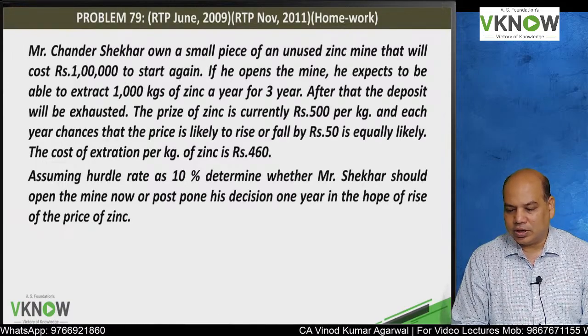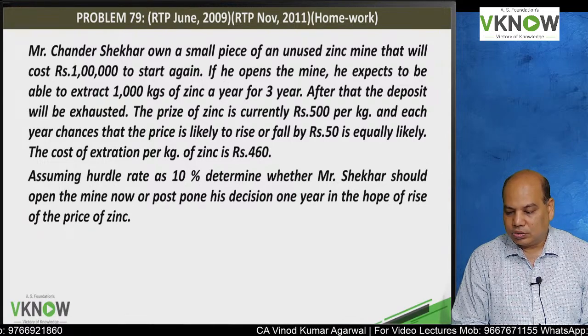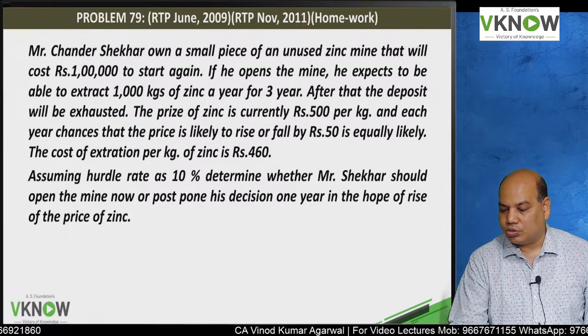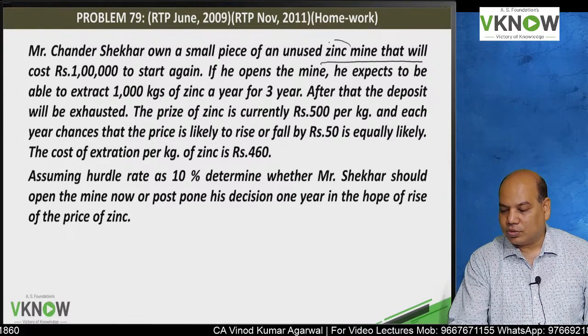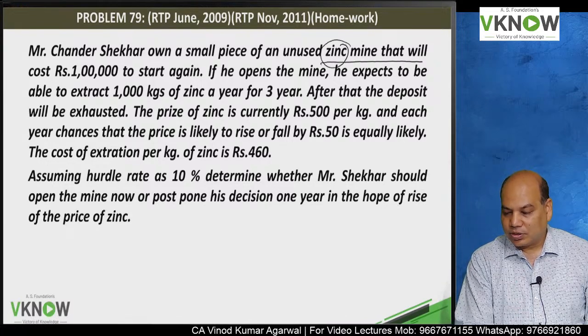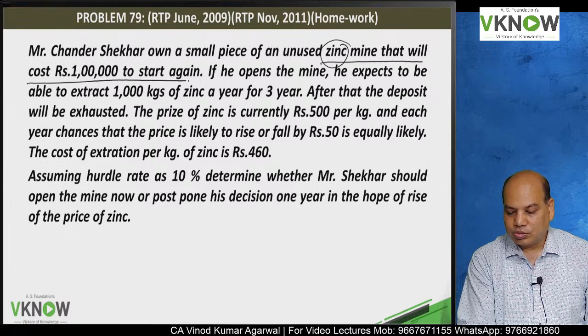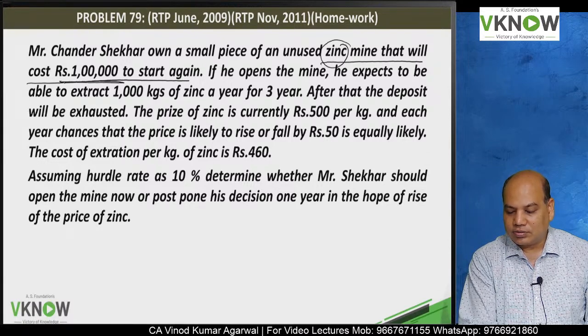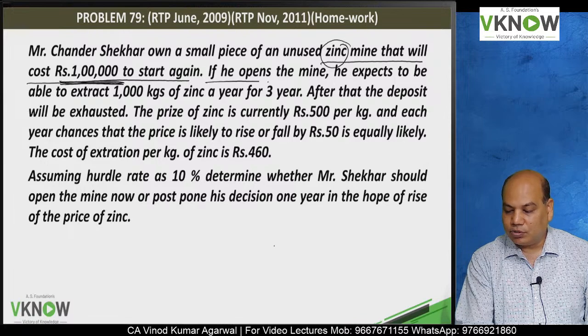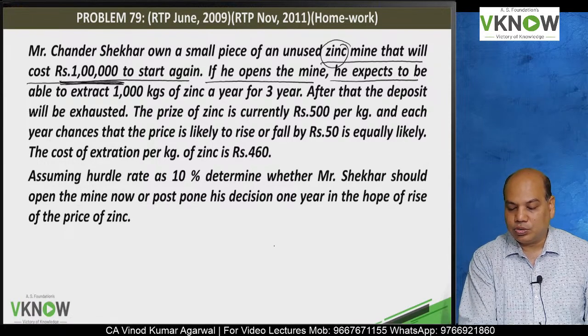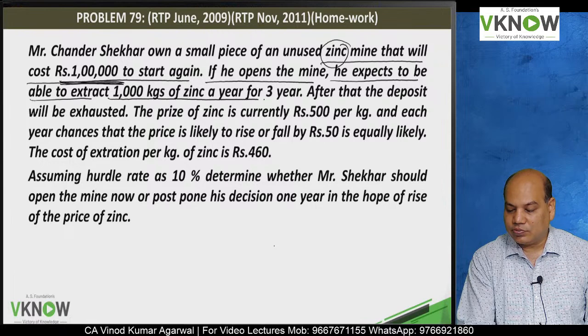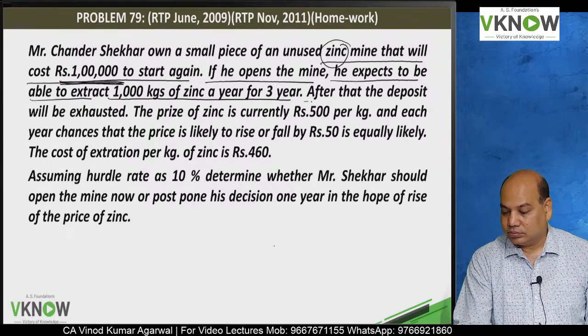Question number 79. Mr. Chandar Sekhar owns a small piece of unused zinc mine. Instead of gold, this time it is zinc. That will cost rupees 1 lakh to start again. Instead of 10 lakh, they have given 1 lakh. If he opens the mine, he expects to be able to extract 1000 kgs of zinc a year for 3 years.